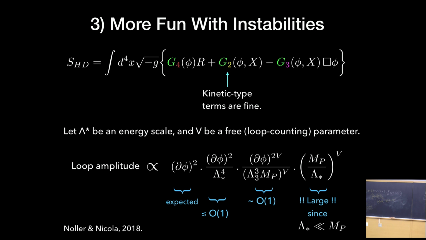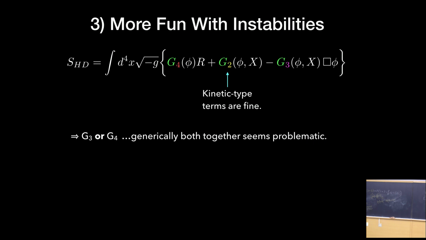It tells us we should only consider models which have one or the other. As I said, this is very recent work, only a couple of months ago. So there are assumptions, there are loopholes, and maybe later on there are counterclaims. But at least for now, that is what the theory community is saying.